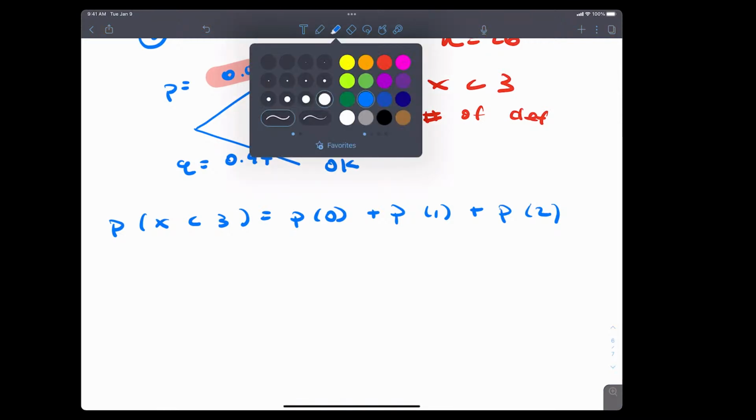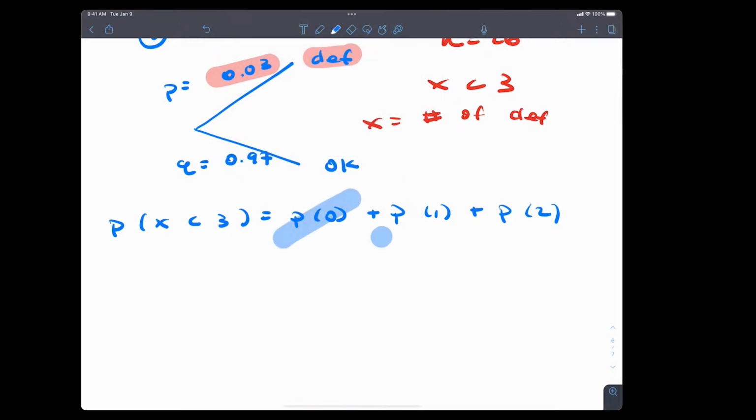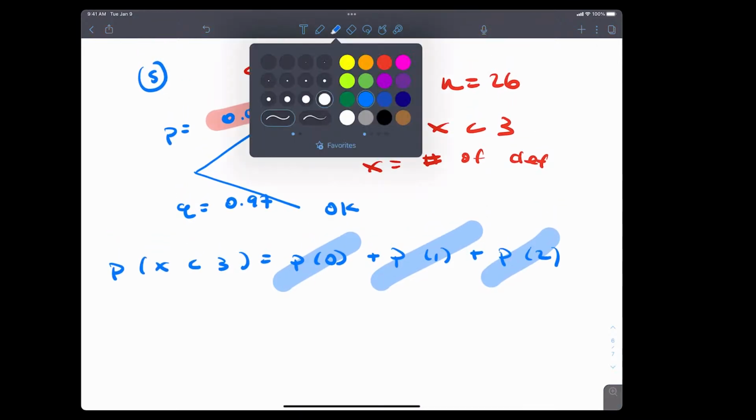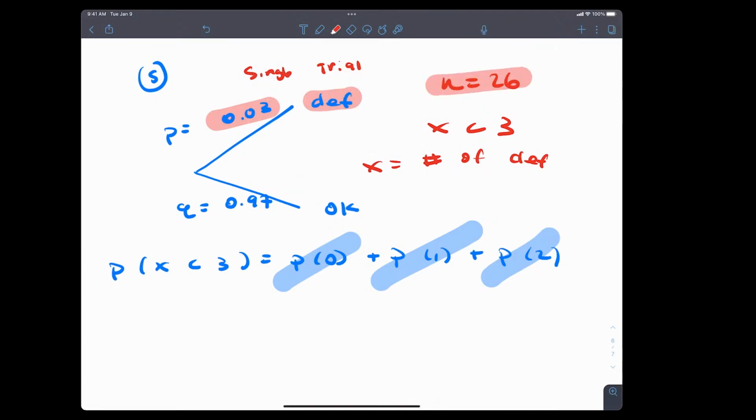I like this one by definition. Just add P of 0, P of 1, P of 2, because those are the outcomes that are less than 3: 0, 1, and 2. And you're going to enter all this information in the TI. n is 26. Little p is 0.03.